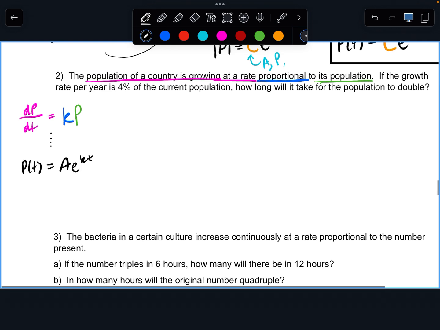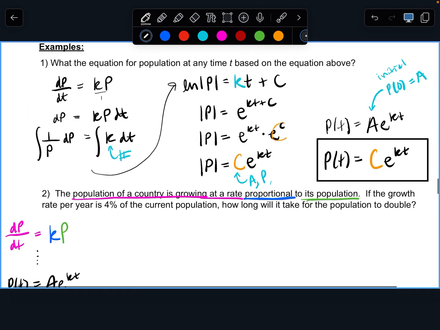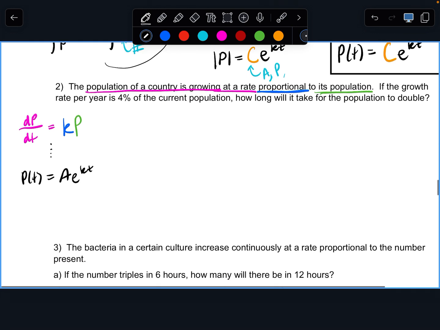So like I said, if you get desperate on the AP test and you forgot how to solve that equation, you could do separation of variables, do your little cross multiplying thing, integrating, blah, blah, blah. Basically everything we just did in question 1. Or you could just memorize that. I think it's easier to memorize it if I'm being honest.